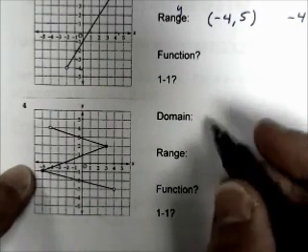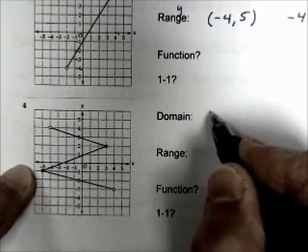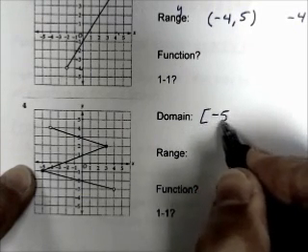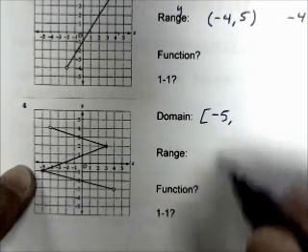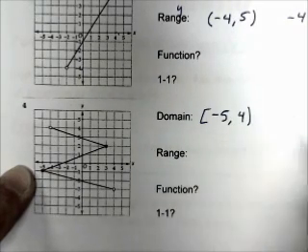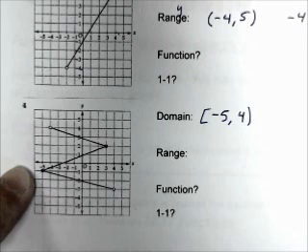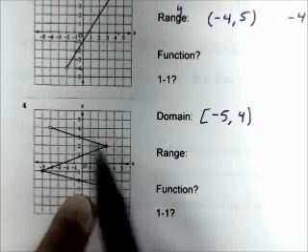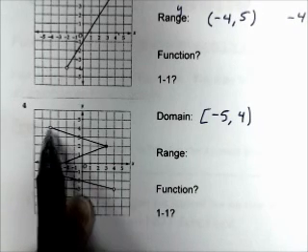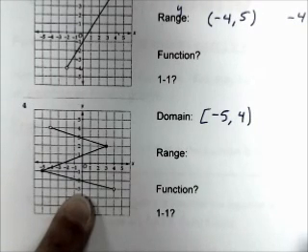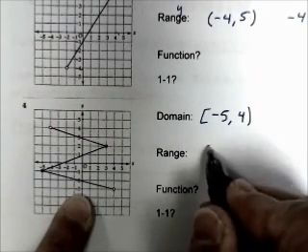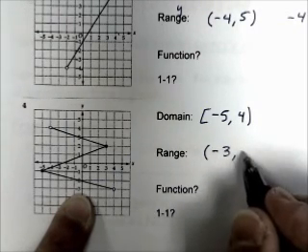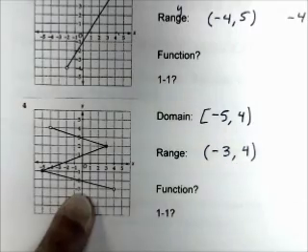So our domain would be bracket -5 to parenthesis 4. And our range, lowest to highest, lowest point -3, highest point 4, open at -3, so parentheses -3, comma 4, parentheses.